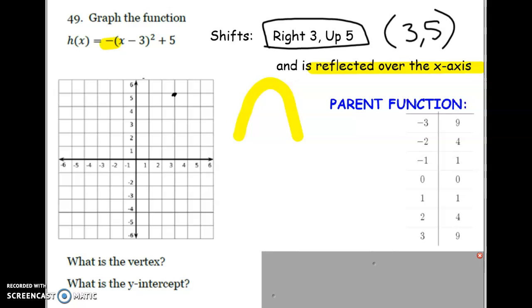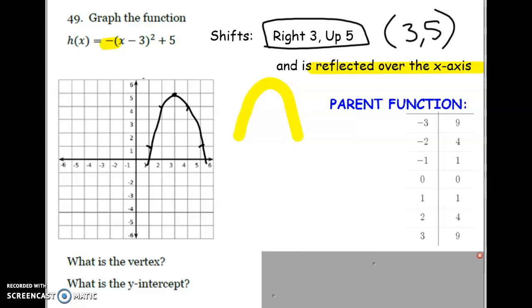So then if I travel from my new vertex over 1, down 1 on each side, those are going to be the first key points on the parabola, and then over 2, down 4. So those will be the next key points on this parabola. And then we can connect those and make that shape of the parabola.